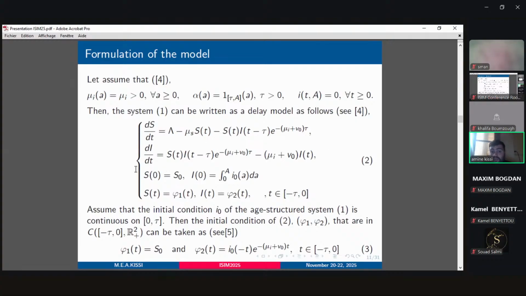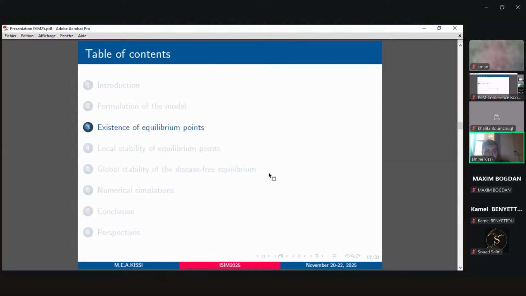We assume that I of 0, the initial condition of the age-structured model shown in the first slide, is continuous on [−τ, 0]. And this φ1 can be taken as a constant S0, and this φ2 can be taken as I0 minus τ exponential minus μ_I plus V0 τ.